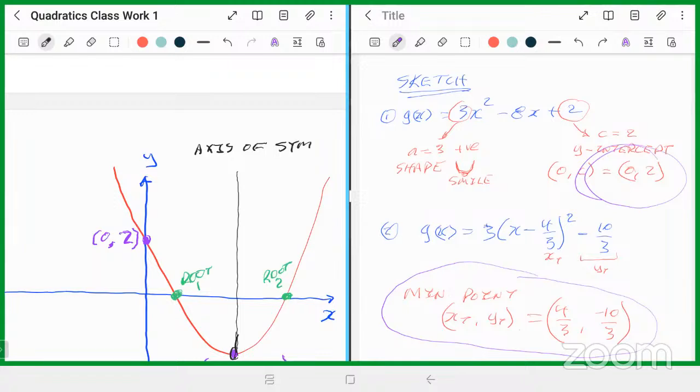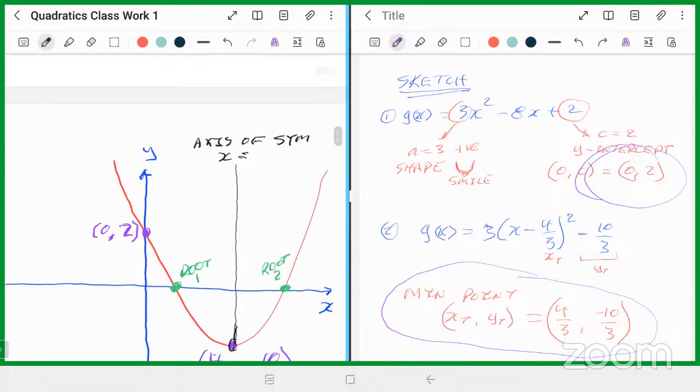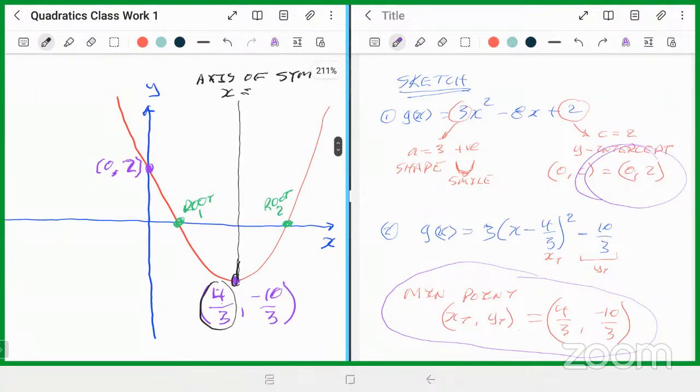The equation of that line is x equals whatever the x value is here, because every point on this line is going to have the same x value, which is 4/3. Because x equals the xt value. That is it. And that basically completed that question. That's the axis of symmetry.